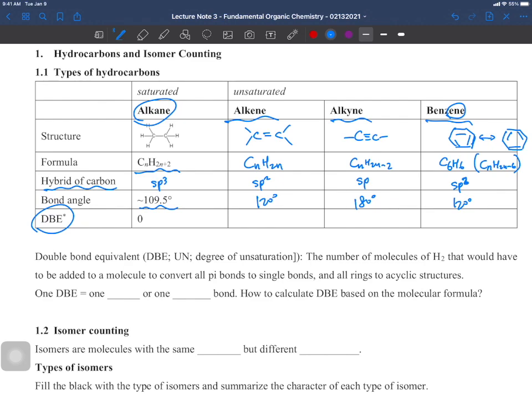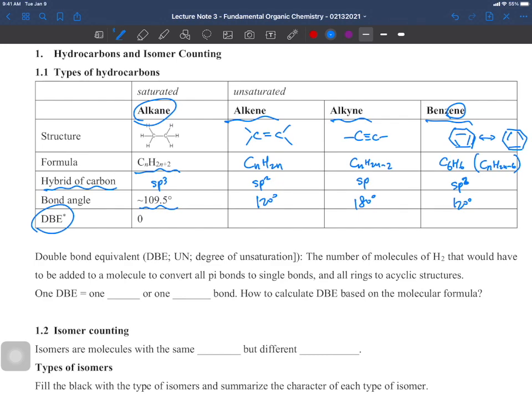So it's CnH2n minus 2. You can see there are 3 double bonds and 1 ring. A ring actually also decreases the hydrogen number by 2, because when you put the head of the snake and the tail of the snake together, you need to cut something to put these 2 carbons together, right? So there will be 2 hydrogens less.